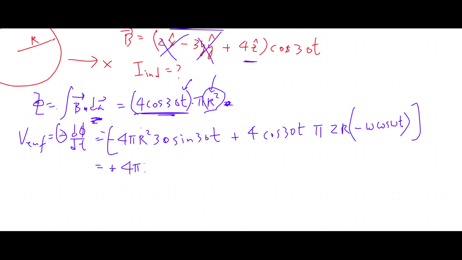So I end up getting 30 out, sine 30t, plus 4, 4π is gone, R is gone, so I have 2ω cosine 30t cosine ωt. Right? And you simplify it the way you want.